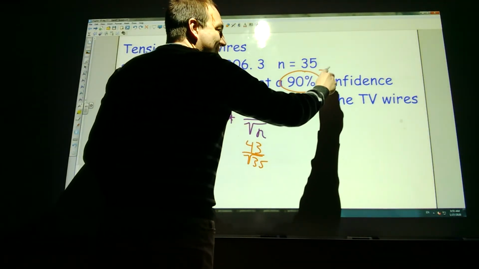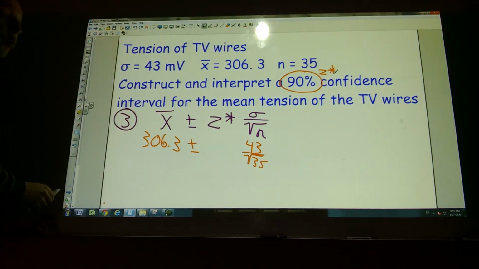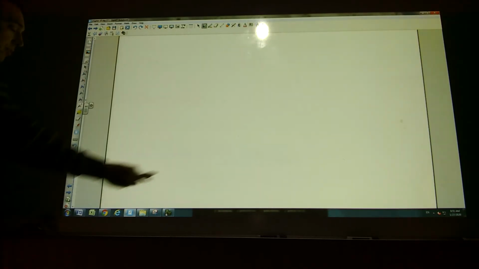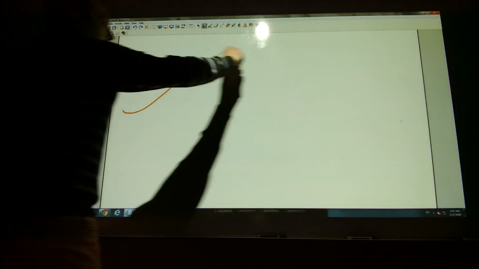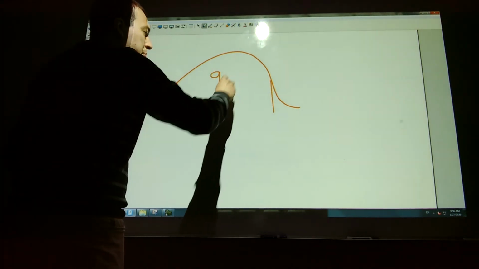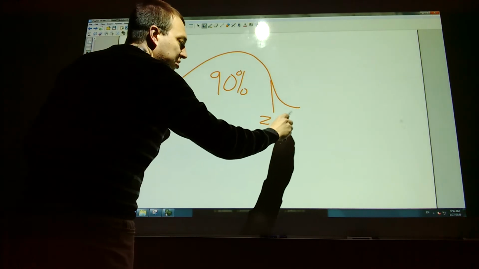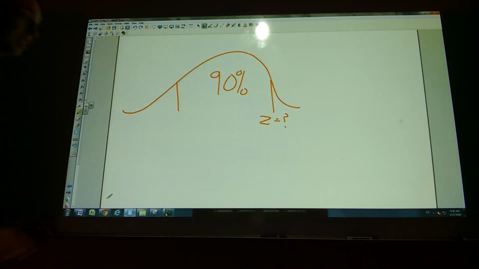This is where we get Z star from. How in the world do you find Z star for 90%? I'll show you. They're saying, hey, we want the middle 90%, and how many standard deviations away do we go to get the middle 90%?